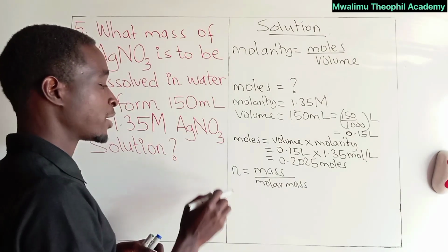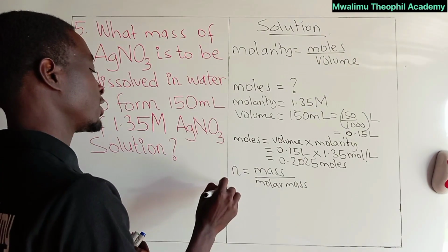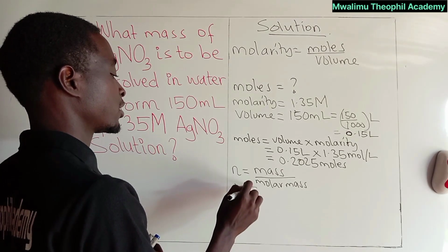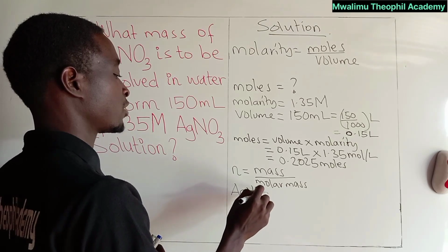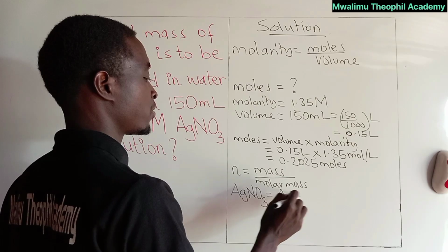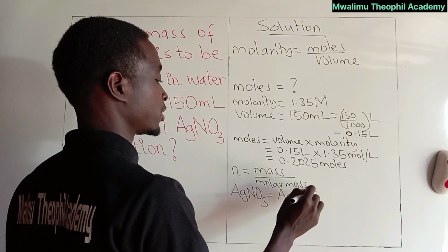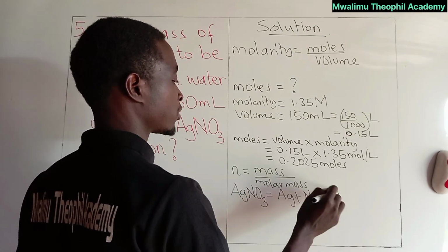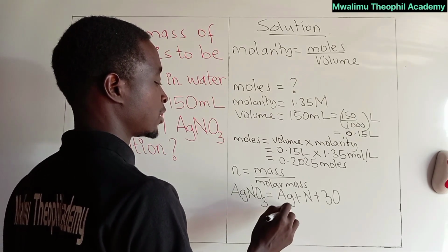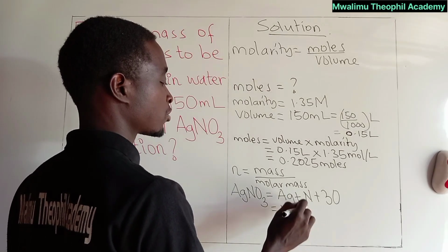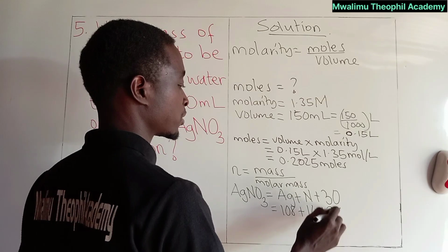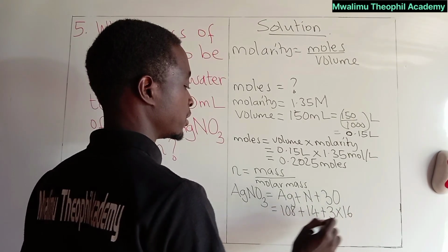What about the molar mass of silver nitrate? To work out the molar mass of silver nitrate here, we have 1 atom of silver, we add 1 atom of nitrogen, we add 3 atoms of oxygen. Here, the relative atomic mass of silver is 108 grams per mole, that of nitrogen 14, and that of oxygen 16. As there are 3 atoms, we take 3 times 16.